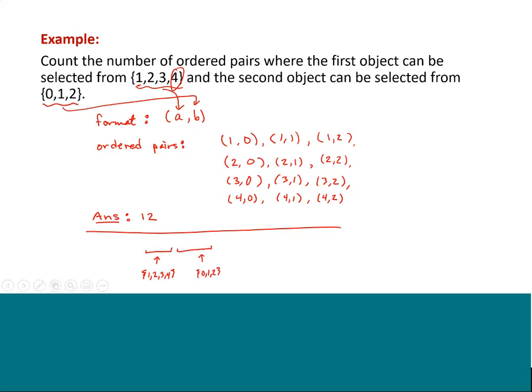Now, what does this tell you? I strategically wrote these out as a rectangular block so it'd be easier to see. In the first slot, you have a grand total of 4 choices. And in the second slot, you have a grand total of 3 choices. When you multiply that together, that's where you get your 12.